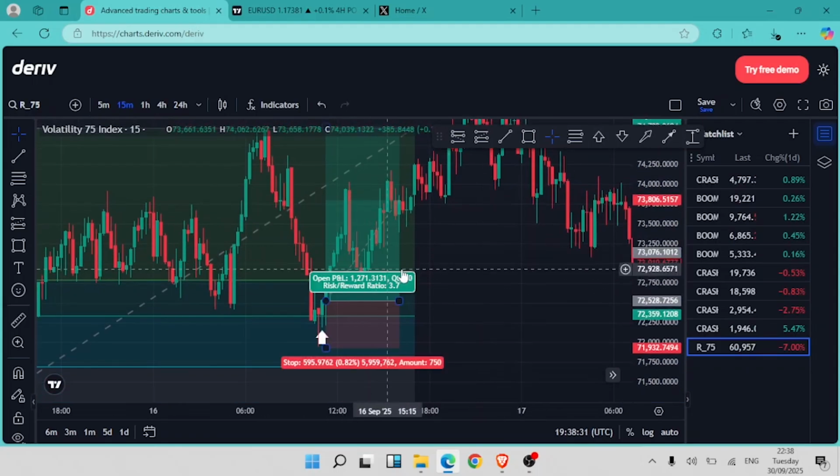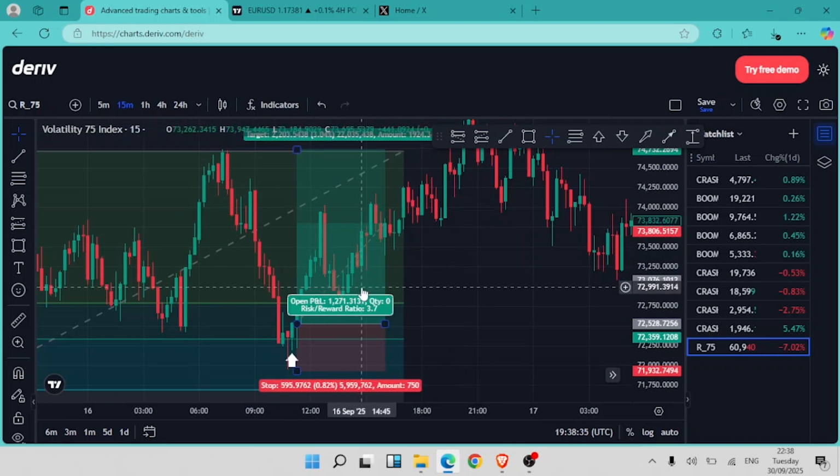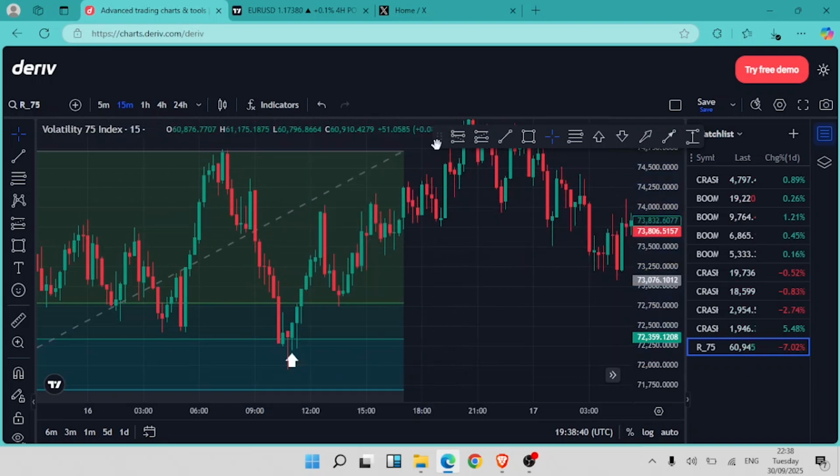So you'll notice most of these trades are giving you a consistent 3.5 risk to reward ratio, 3.5, 3.4, 3.3 risk to reward ratio.